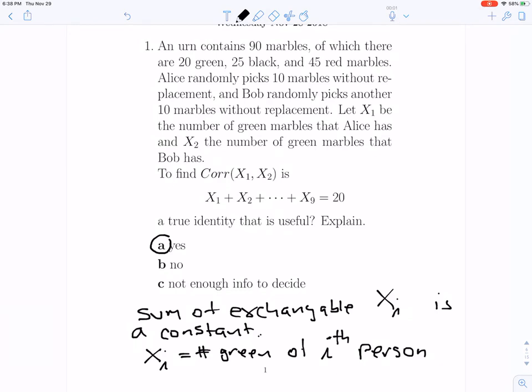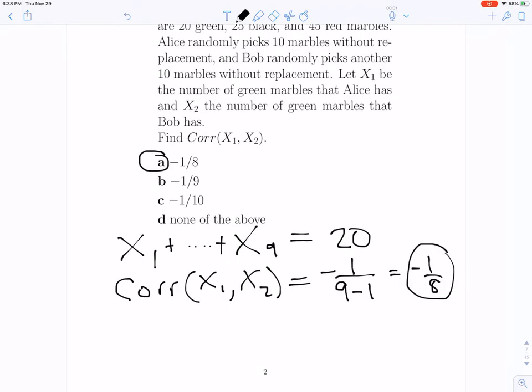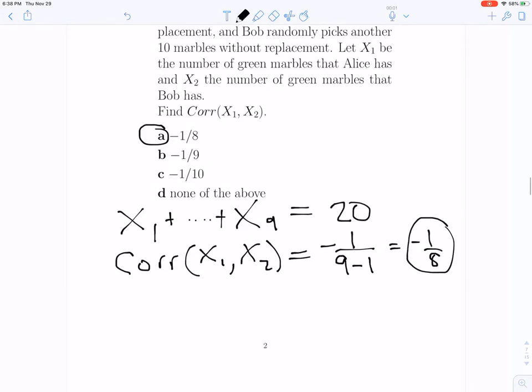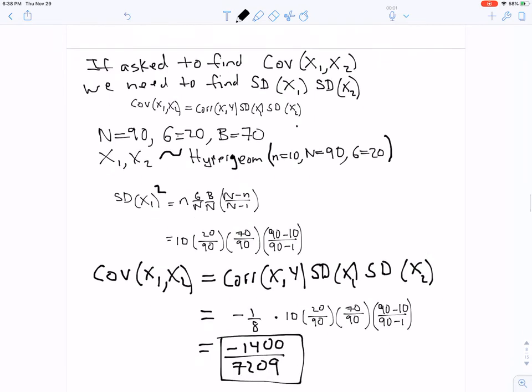In other words, X2 is not dependent on what X1 is. So the chance that X2 is, for example, 5 is the same as the chance that X1 is 5. So of course, the correlation will just be minus 1/8. And if you wanted to find the covariance, you'd need to find the standard deviation of X1 and X2, which, again, you would use the fact that X1 and X2 are hypergeometric, and we know what the SD of a hypergeometric is.